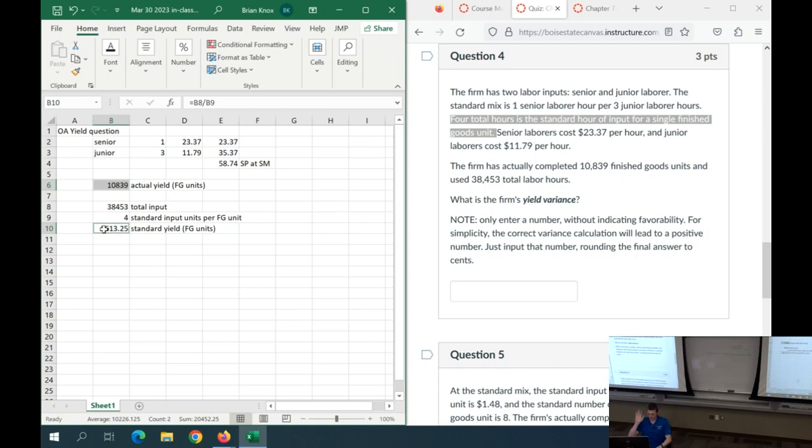So if I put in $5 or 5 labor hours or 5 puppies, whatever the input is, and I get more yield out of it, that's a good thing. And so the sign rule that you've learned for every other variance so far is flipped with the yield variance. So this is going to actually be a favorable variance.